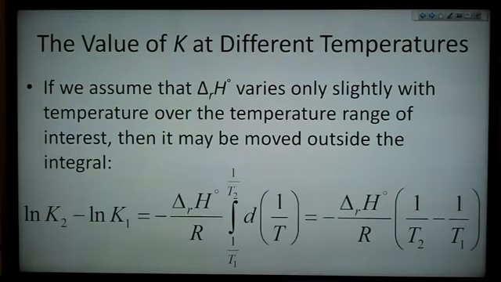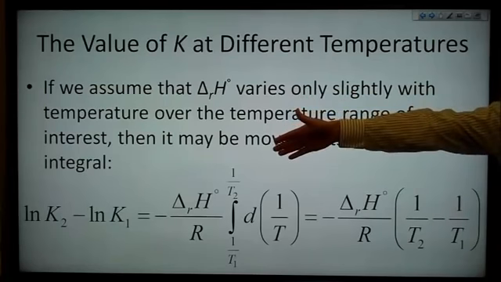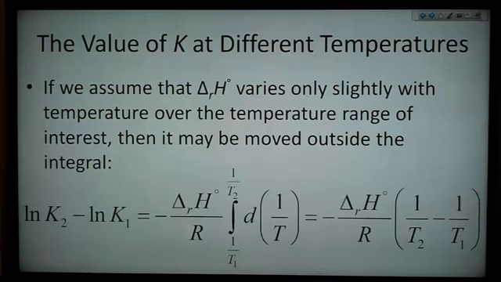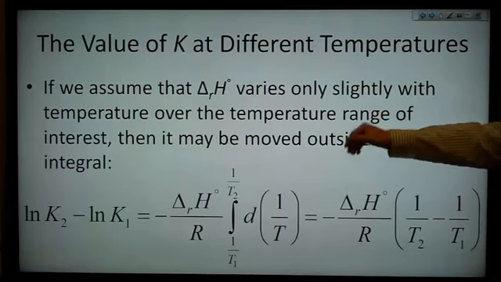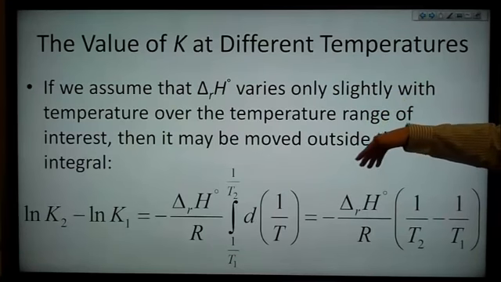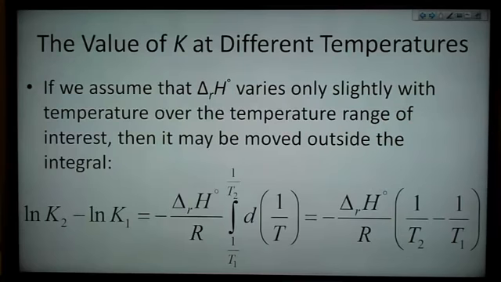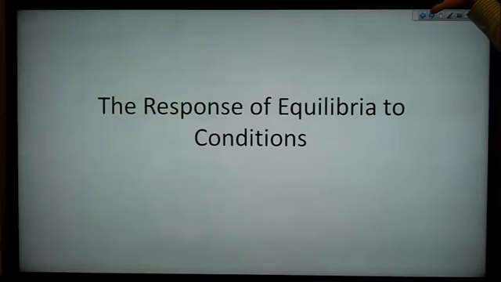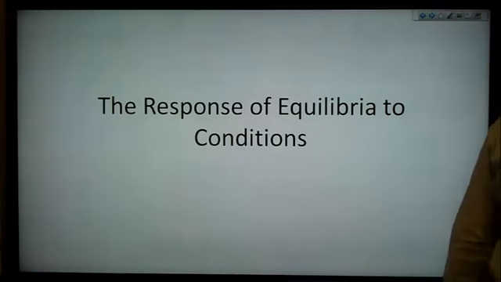Now we can evaluate that integral, and we have the difference between the natural logs of our two equilibrium constants equal to minus the standard enthalpy of reaction divided by R times the quantity 1 over T2 minus 1 over T1. That was the response of equilibria to conditions.